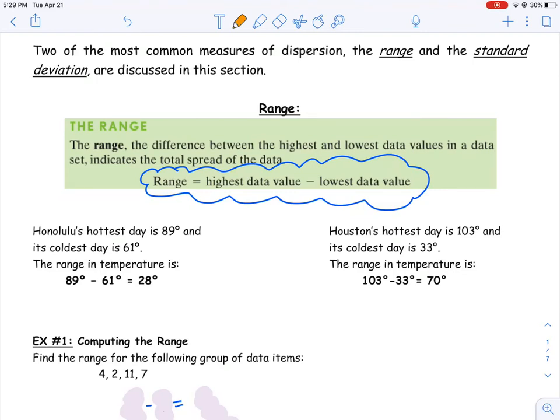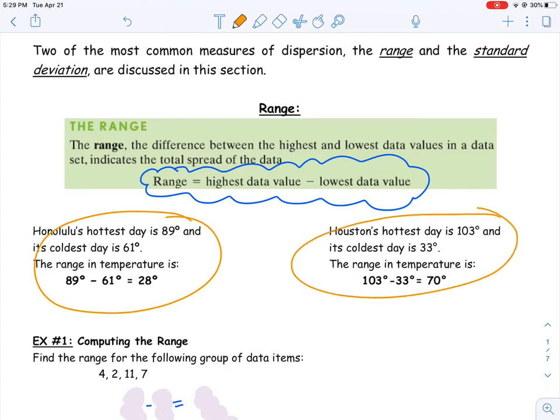The range of temperatures in Honolulu is from 61 to 89, whereas in Houston it goes all the way down to 33 degrees and gets as hot as 103 degrees. So the data items are more widely spread in Houston than in Honolulu, even though their average temperatures are the same. So that's an example of range.